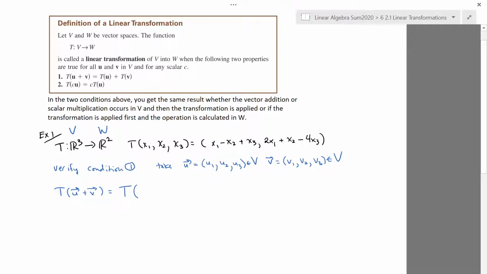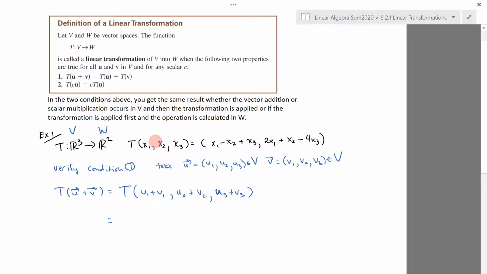So I add the two vectors first before transforming them. Adding the two vectors is just the sum of their components, and then now I transform this. So now I apply the formula for the function.